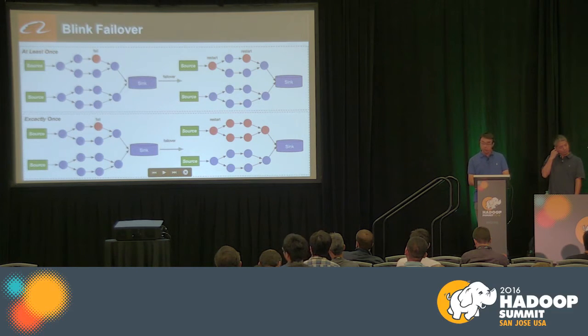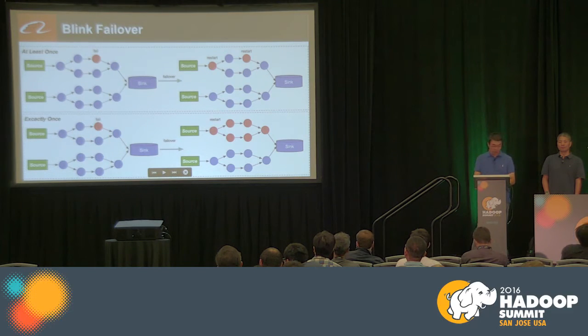For the at least once mode, if one task fails, only the connected source will be rewound. And for the exactly once mode, if one task fails, only the connected components will be rewound. And even if the job master fails, YARN will relaunch it, and the job master will recover its state from HDFS and ZooKeeper. And all the running tasks are not affected. So Blink failover has less cost and may recover fast.